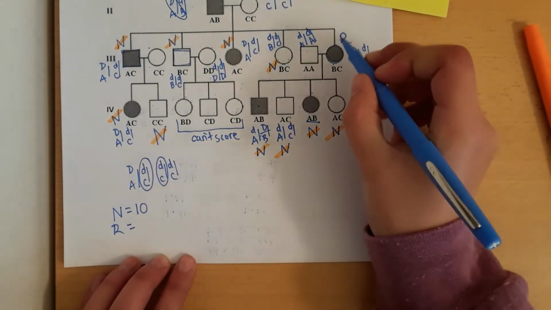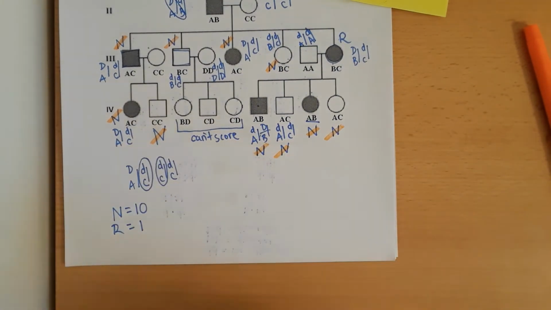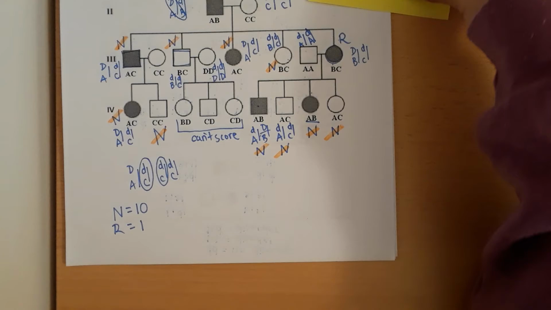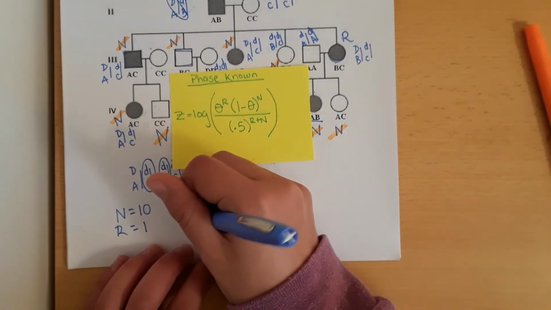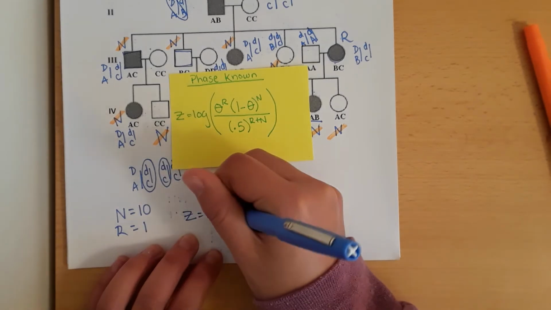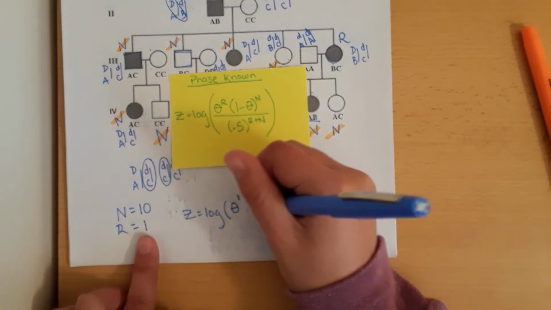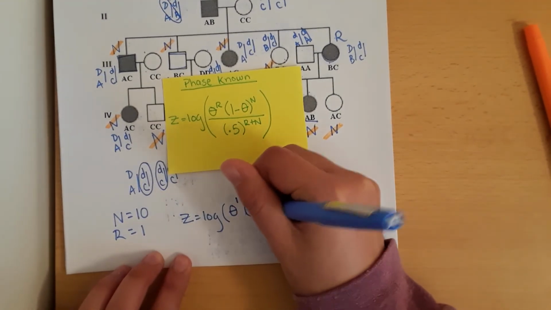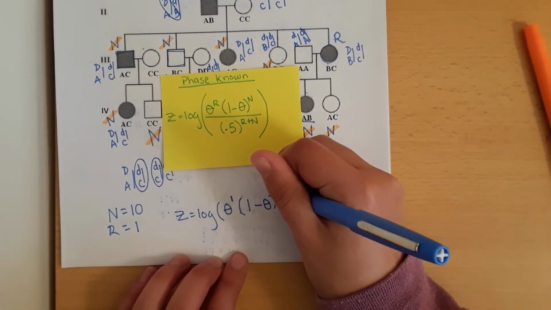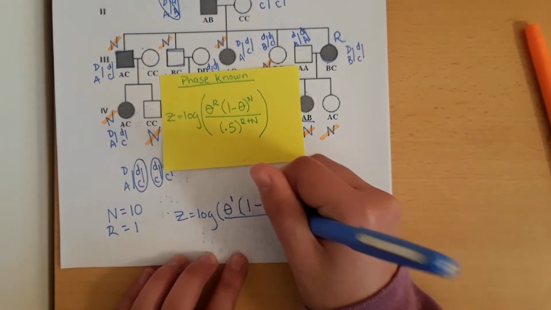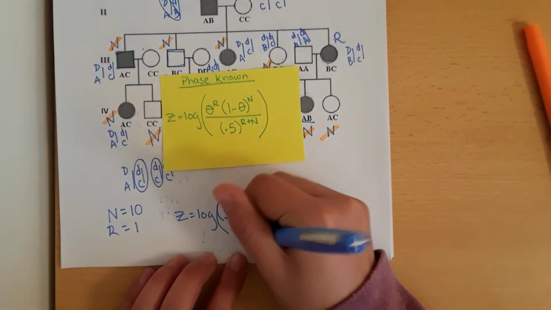And then we only have one R, which is right here. So then our total is 11. And we can write out this equation because this is phase known. Theta, our R is going to be 1. And we have 1 minus theta. Our N is 10. Divided by 0.5 of the total, which is 11.